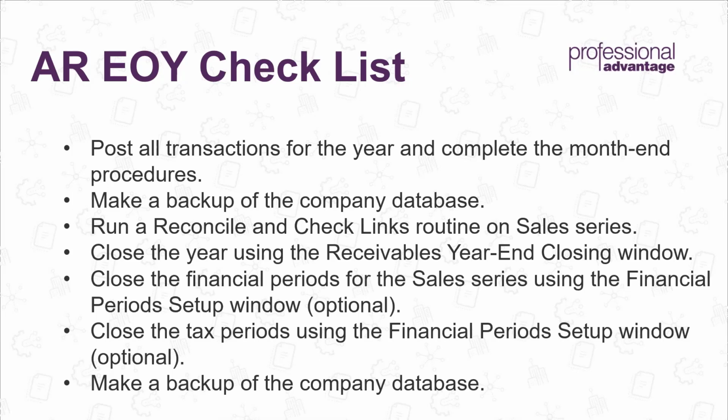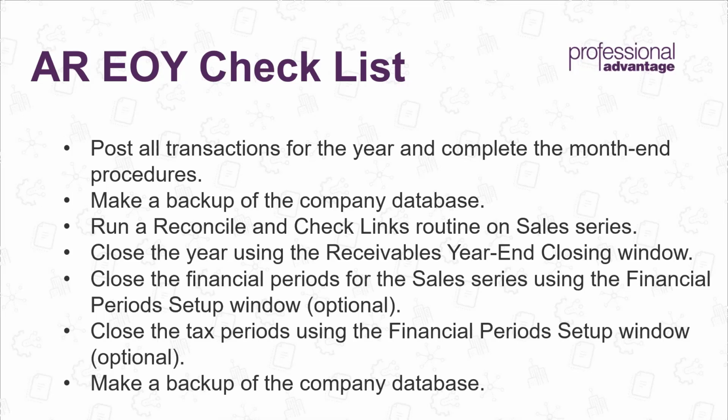Those things include that we need to make sure we post all transactions for the year and complete month-end processes. Make a backup before we do the following operations. We can then, after the backup, run a reconcile and check link routine on the sales module, sales series. And we can then, after that, close the AR module in the financial period setup window.